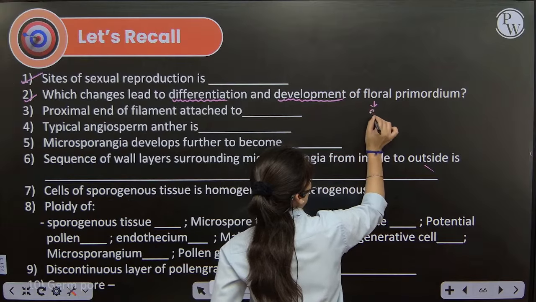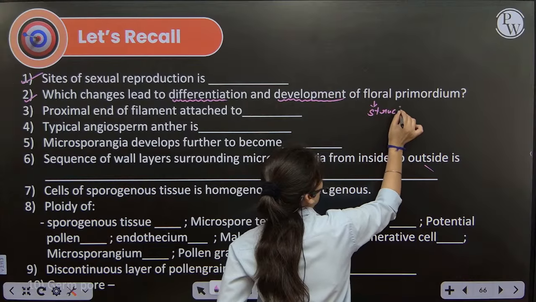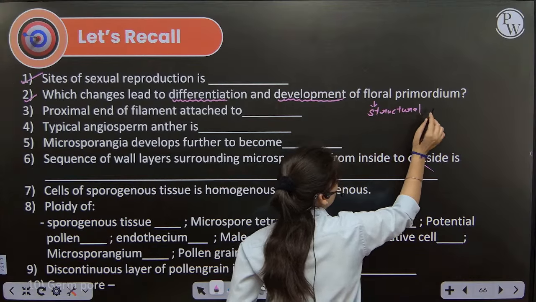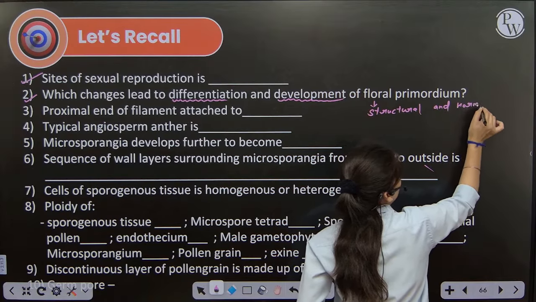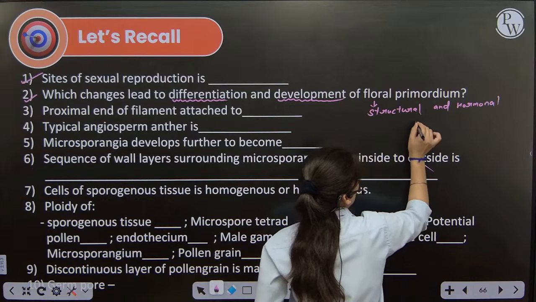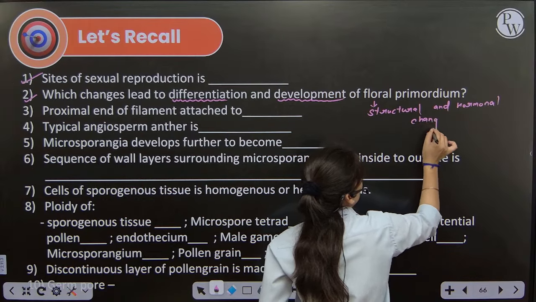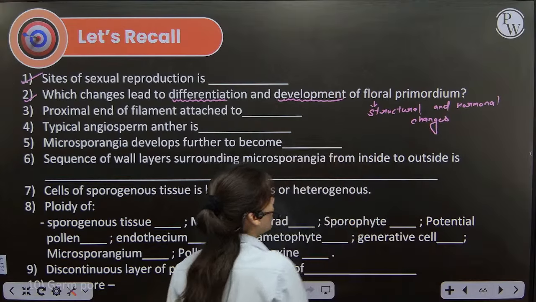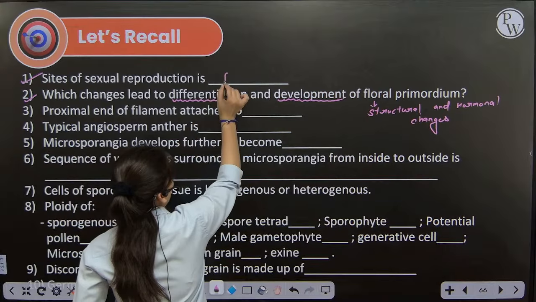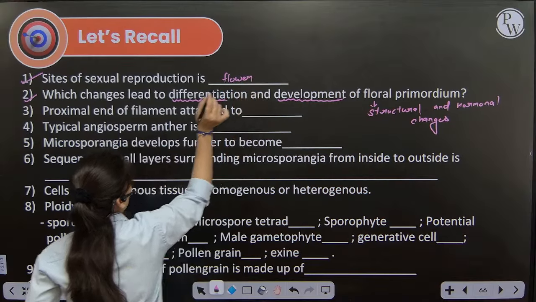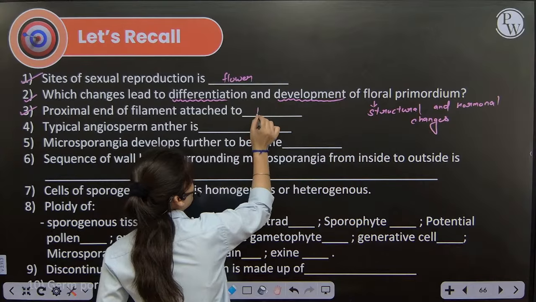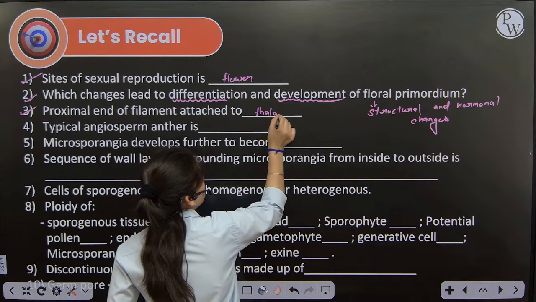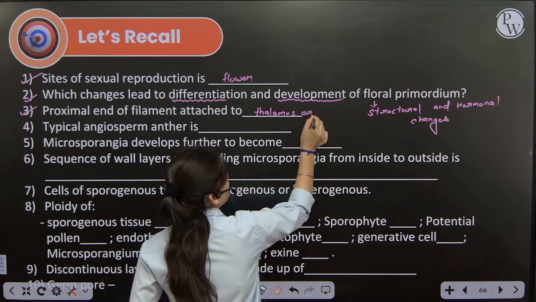Some structural and hormonal changes take place, which leads to the formation of the floral primordium. Third, the proximal end of the filament is attached to the thalamus, or it can also attach to the petal.